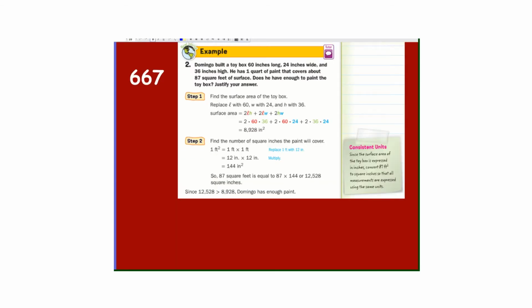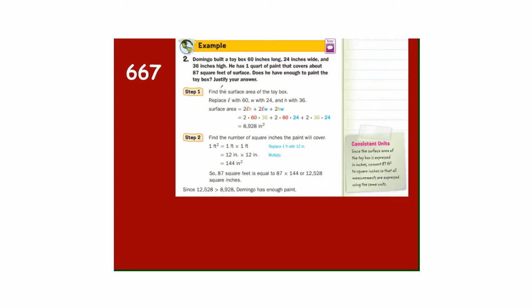Number 2, he's building a toy box. It's 24 wide, 60 long, 36 high. He has a quart of paint that covers 87 square feet. Does he have enough paint? So find the surface area, and notice that they tried to get tricky here. The paint covers 87 square feet. We're talking inches on these measurements.